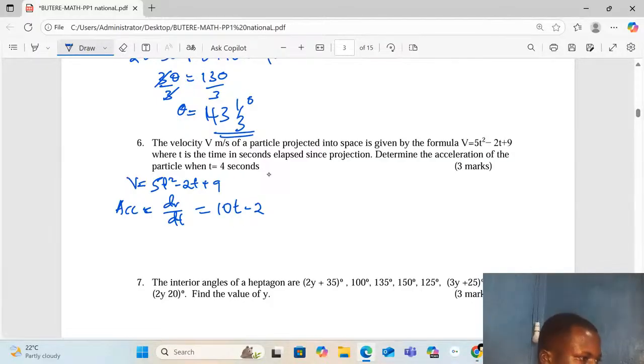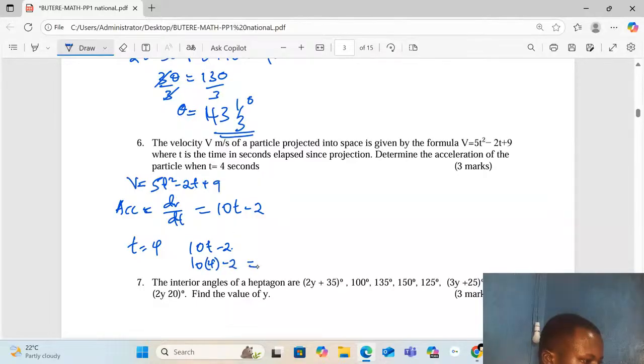Now we are asked to find the acceleration when t is 4. So when t is 4, you simply replace t with 4, and we have our equation to be 10t minus 2. So t is 4: 10 times 4 minus 2.